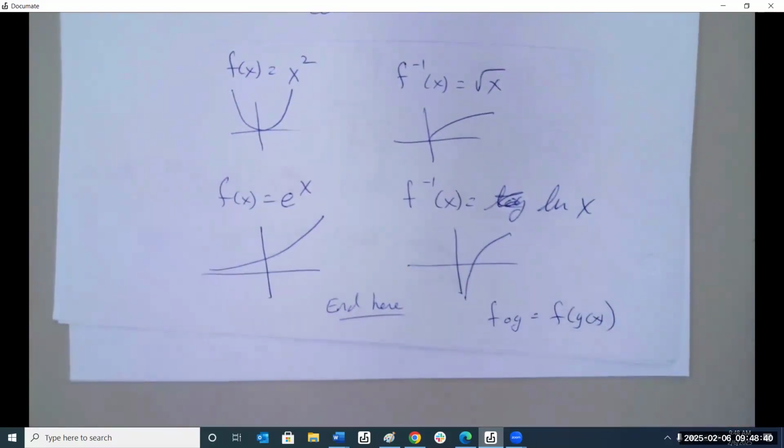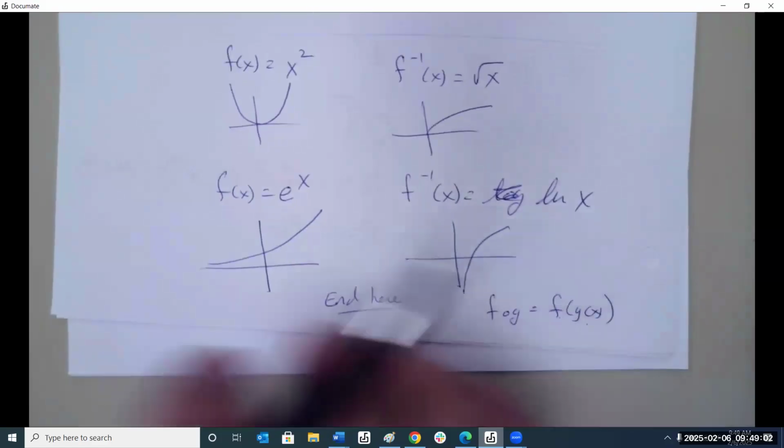Functions within functions. What we're saying there is if g of x is continuous, and we plug it inside f of x, and it's continuous, then the composite function that results is also continuous, because there are no values that are asymptotic. But we'll look at that next time.